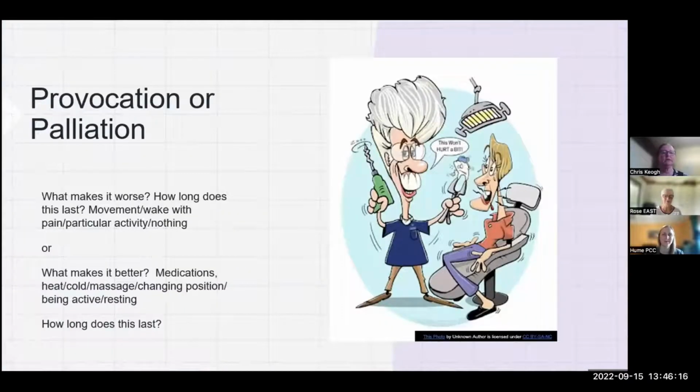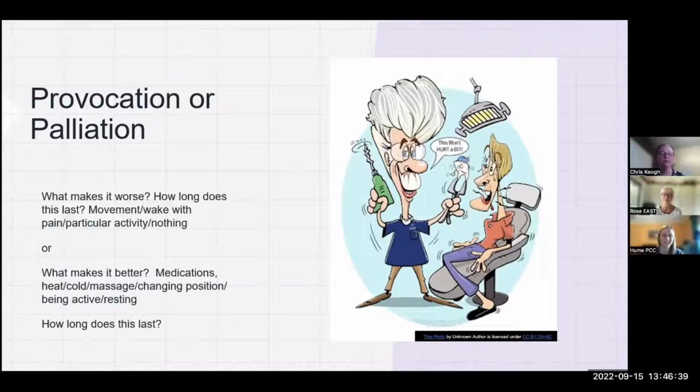So this is provocation or palliation. What makes it worse? Does it increase with movement, or do you wake up with pain, or is there a specific activity that causes it, or nothing really makes it worse? You've just got a constant pain, it's there all the time.